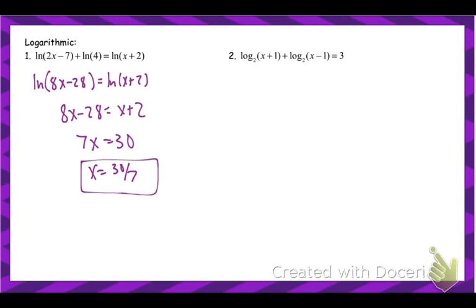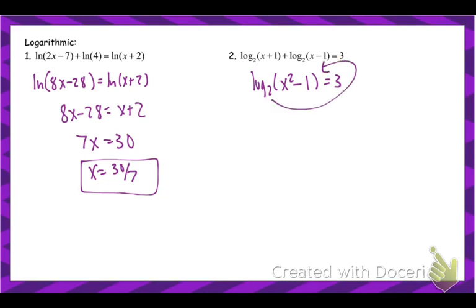All right, and number 2, we can't set the arguments equal, but we can condense those two logs on the left side. So that would become log base 2. x plus 1 times x minus 1 is a difference of squares. So that's x squared minus 1. And since it's not a log equal to a log, it's a log equal to a number, I want to rewrite it in exponential form.